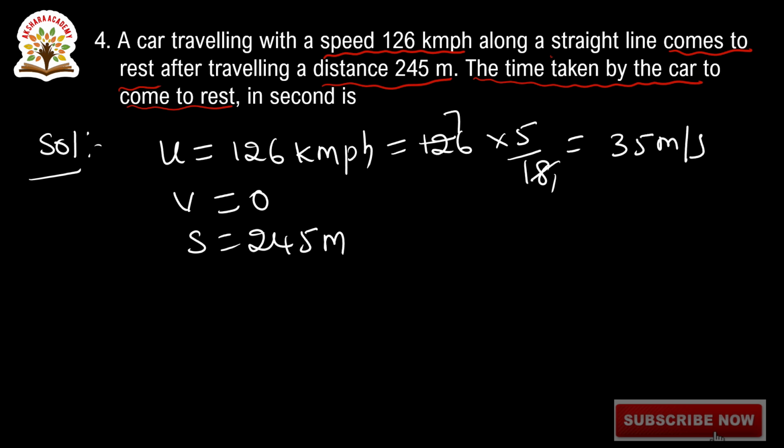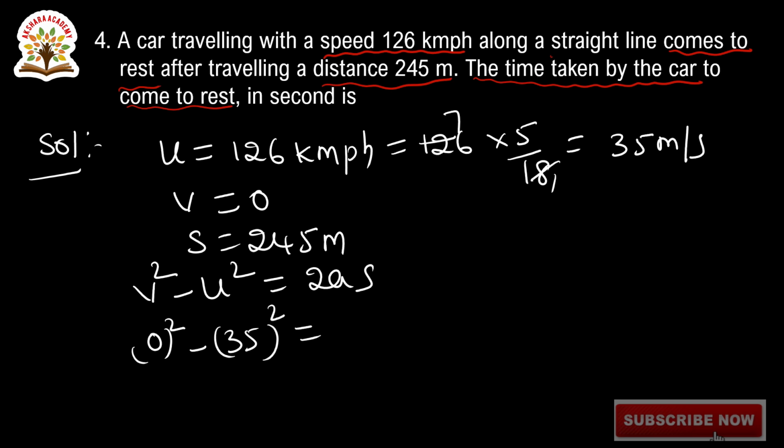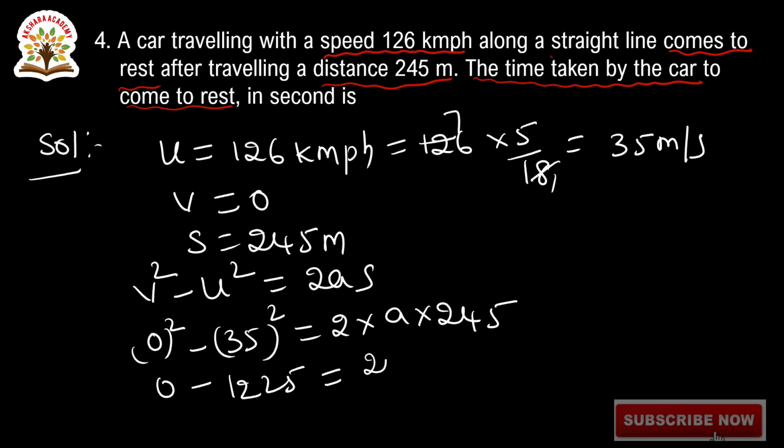So now we are writing the third equation of motion, that is v square minus u square is equal to 2as. Substituting all these values, v is nothing but 0, u is nothing but 35 whole square is equal to 2 into a, which you have to calculate, and s value 245 meters. 0 square is nothing but 0, 0 minus 35 whole square, 1225, that is equal to 245 into 2 into a.